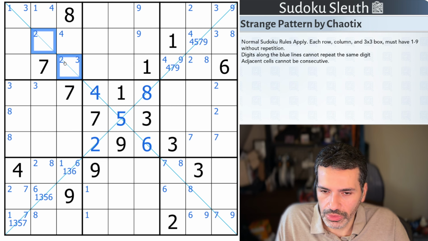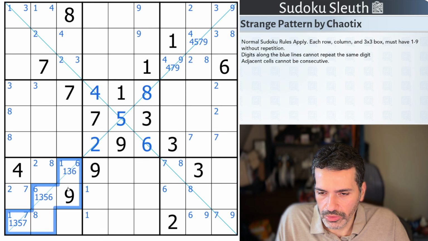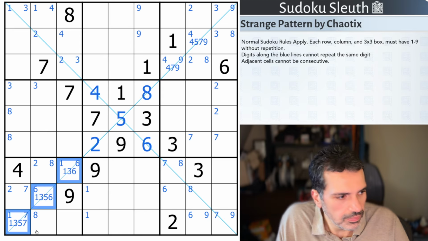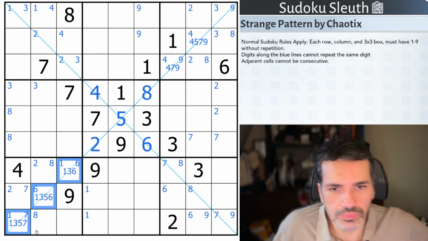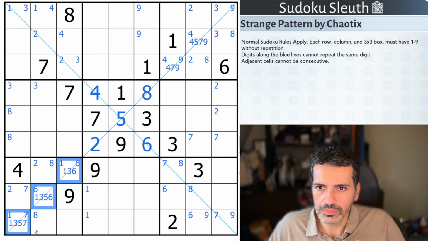So the 2 is here, the 3 is there, and the same is here. 1 is here, 6 is there, and then it's 1 of 3, 5, and 7. So 2 and 3.